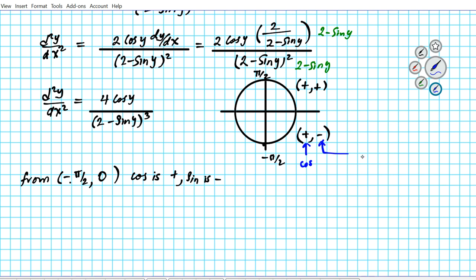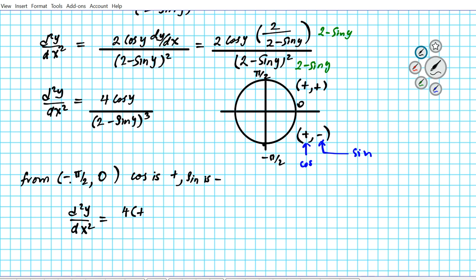All right, so we're looking at quadrant 4. That's negative pi over 2 to 0. 0 is right here. Bam. Okay, so with this information, we can determine the sign of this second derivative. d squared y over dx squared is going to be 4 times a positive number.